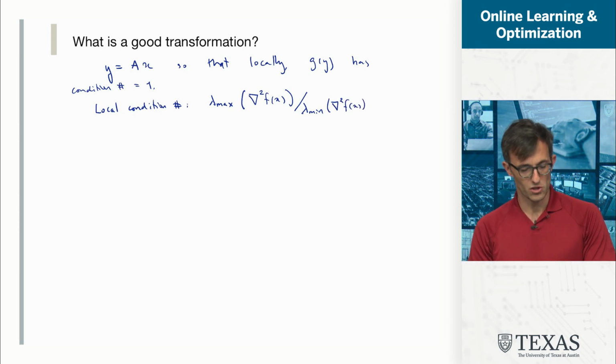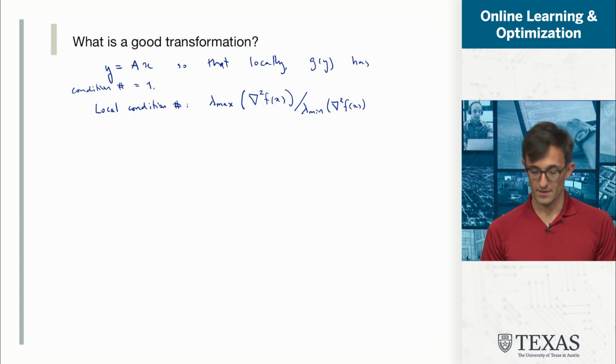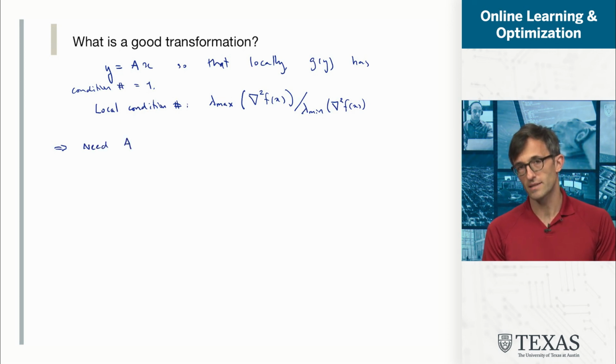So our local condition number is this. So I need to find a transformation, I need an A, and again note that A really is going to depend on x unless we're quadratic.